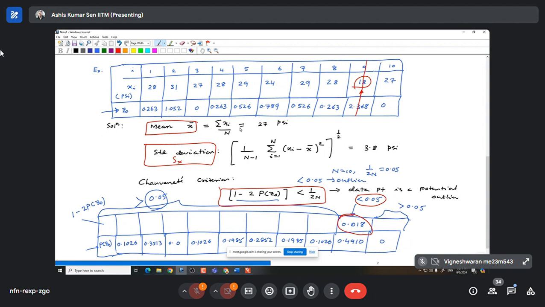Why, that is just a guess, right? See, for example, here it is 18 and the next one starts at 24, so you are very clearly able to know. But let's say my data points are 18, 19, 20, 21, up to 29. Now, where do you mark the boundary?